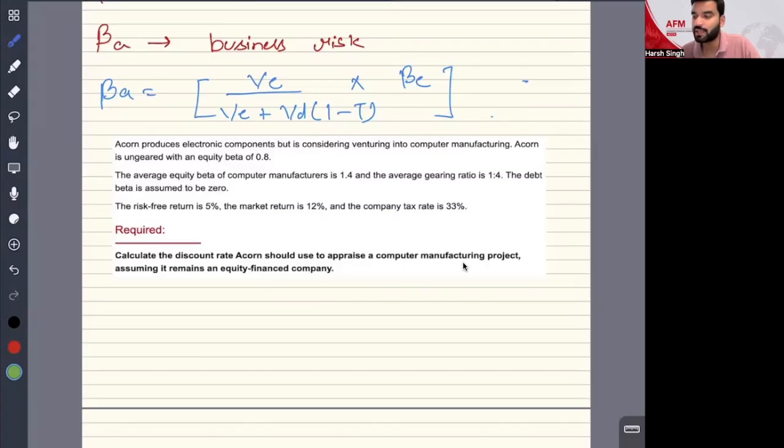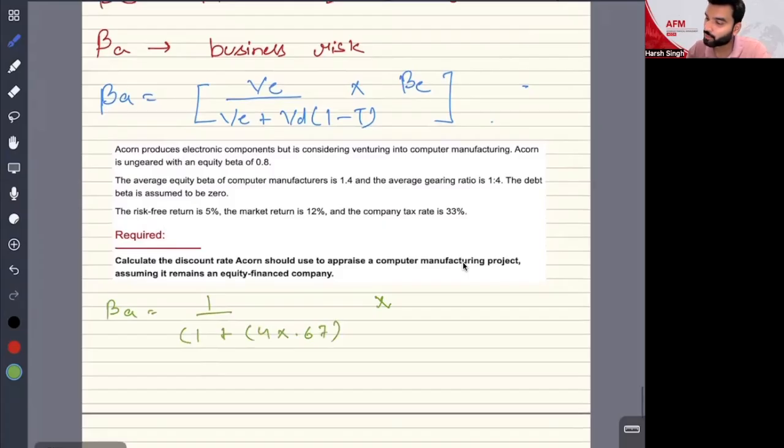Computer manufacturing. So don't you think that first of all we need to find out the business risk of the computer manufacturer? So we find out beta asset, which goes for value of equity, which is 1 upon bracket 1 plus another bracket 1/2 into what is the tax rate? 33, so over here 0.67, multiplied by what is the beta?